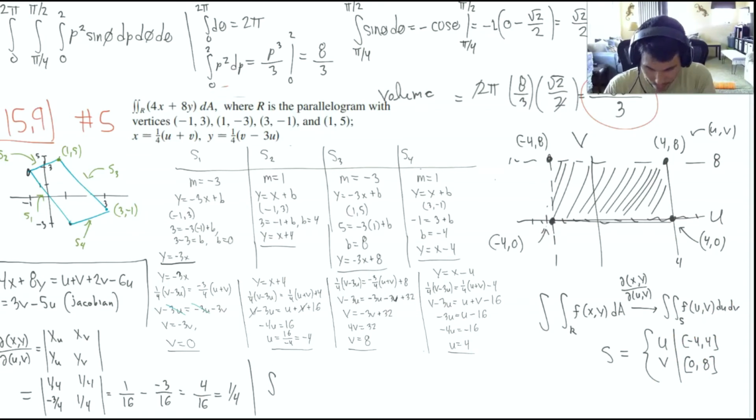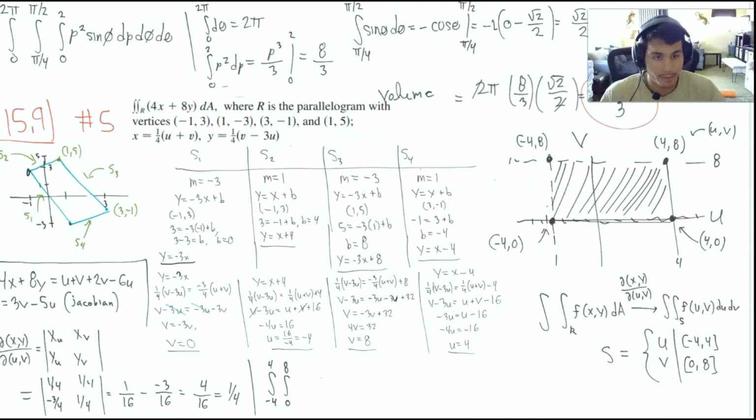So I'm going to write our new integral, which is from 4 to negative 4, from 8 to 0. Remember, this is our Jacobian times our new integrand. Sorry if that's confusing. It'll make sense in a second.